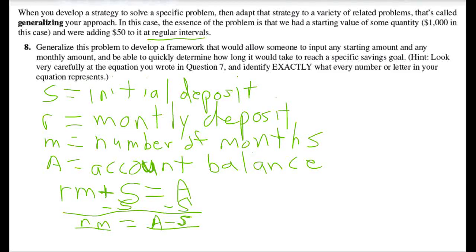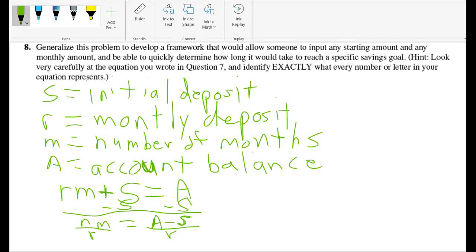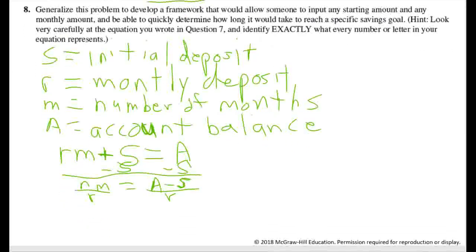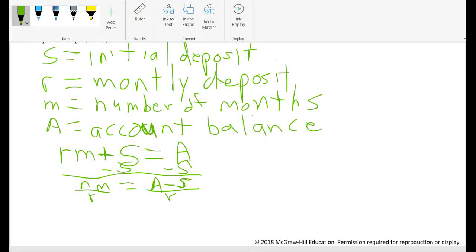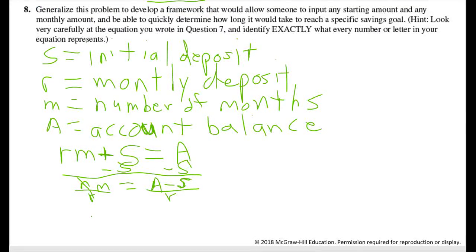We needed to make $3,500. And then we divided that $3,500 by the monthly deposit, or the regular deposit. I always run out of room. So we have R divided by R. That just leaves us M. So M equals A minus S divided by R. That's what we mean when we say generalize.